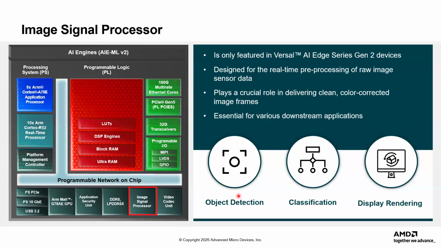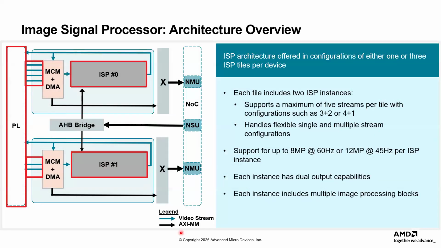So you now have the option to bring in that original data and do all of your processing using this hardened processor. You feed this out and go directly to a machine learning model that's maybe doing detection, classification, or just display rendering. Any type of downstream application, you can do the upfront image processing here.